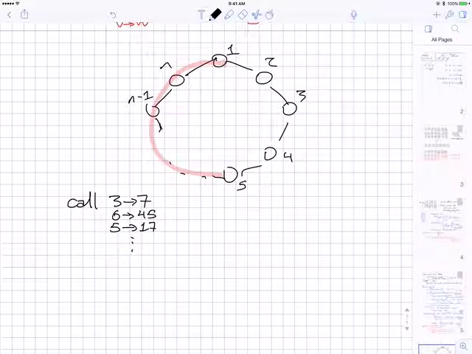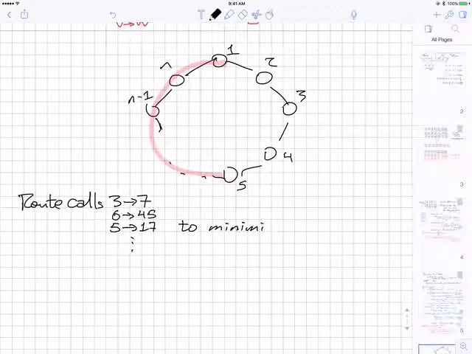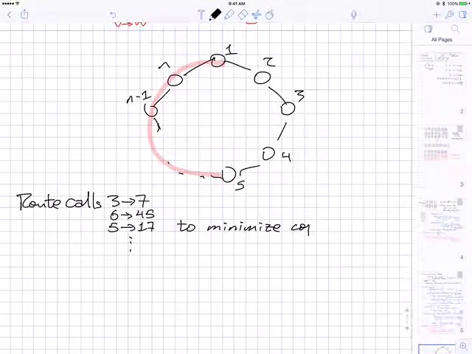And my goal is to route these given calls to minimize congestion. I'm sorry, I need to look at the precise objective value again. The overall load on the network.